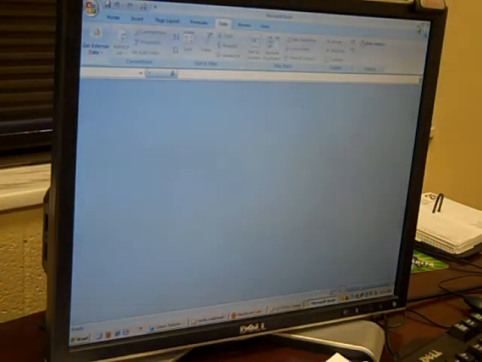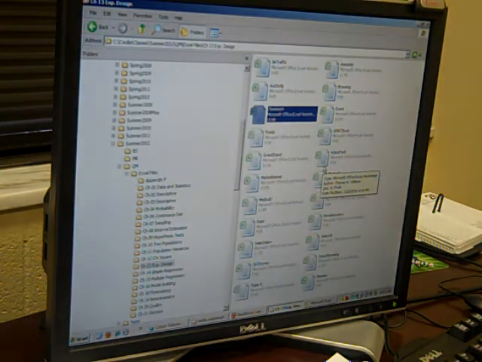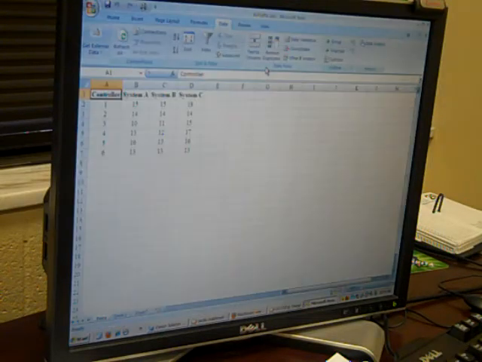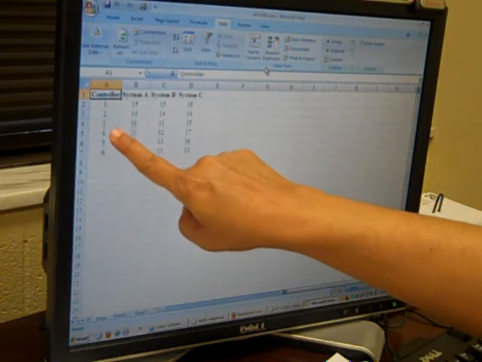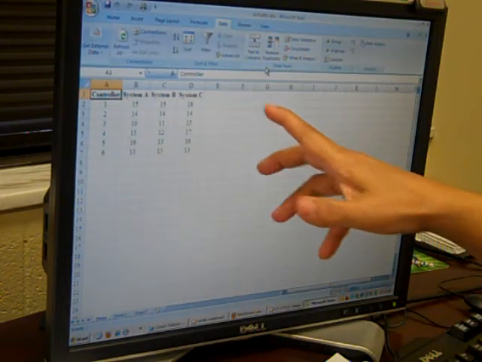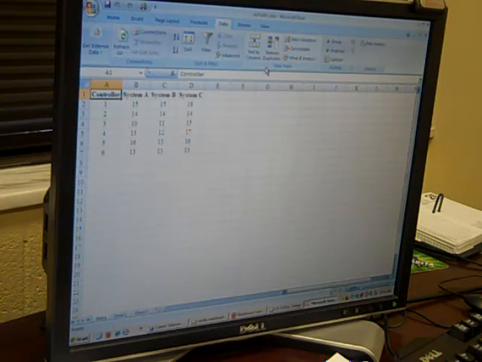Okay, let me open the controller. Air traffic. We have the controllers 1, 2, 3, 4, 5 and the systems A, B, and C, and we want to know if systems A, B, and C are different.